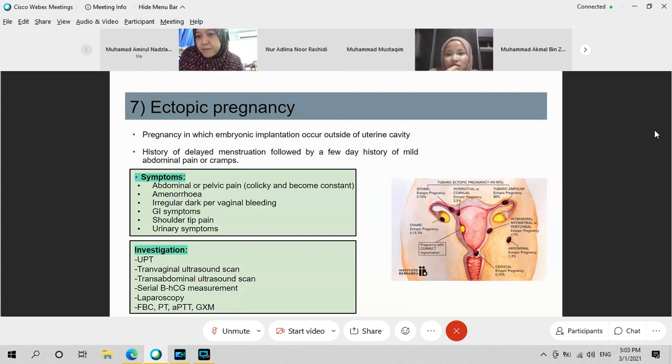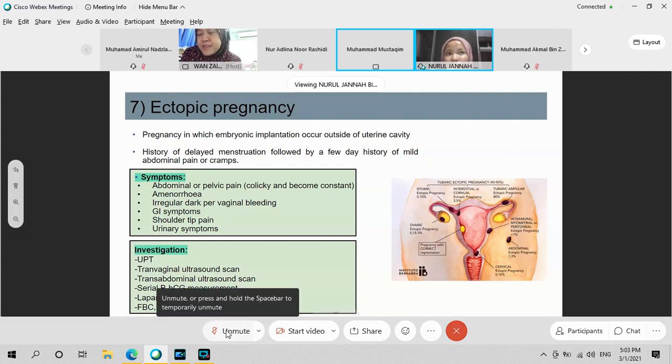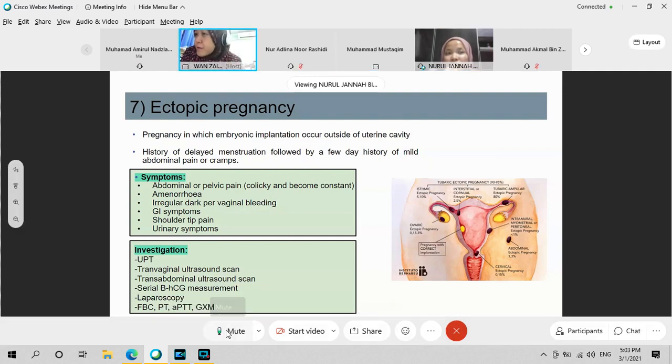Ectopic pregnancy goes to gynae, surgical. Which one is more dangerous? Ectopic pregnancy. What can happen in an ectopic pregnancy? Rupture can happen. Ruptured fallopian tube.